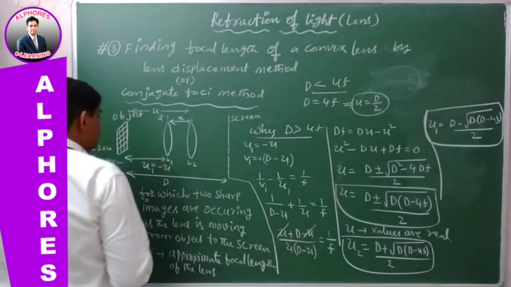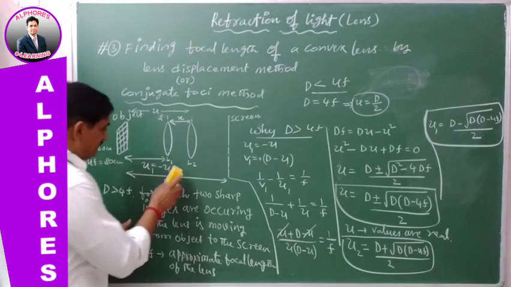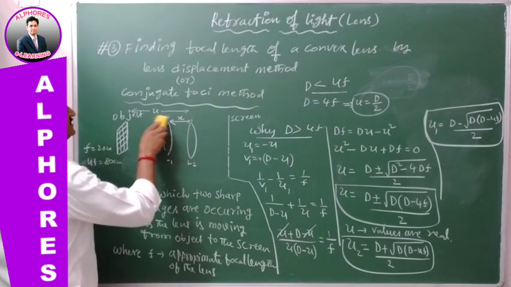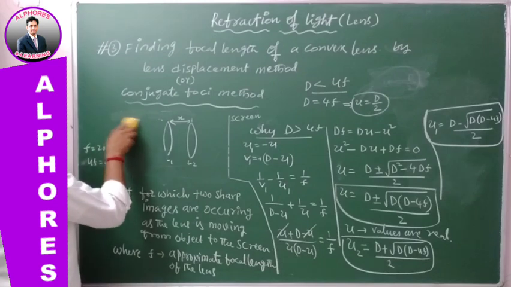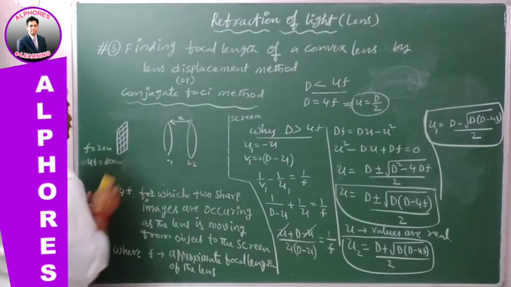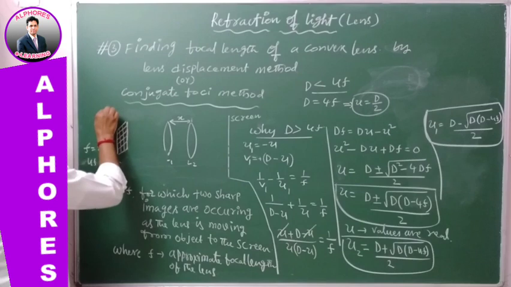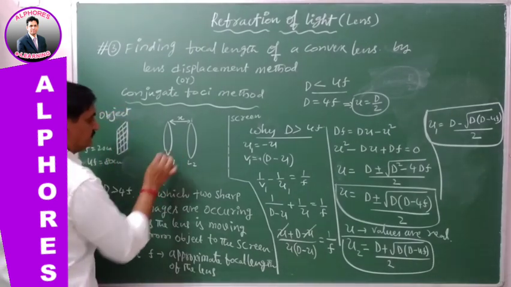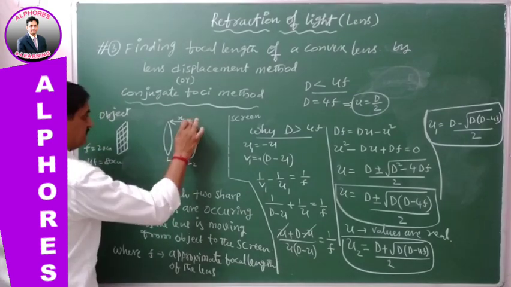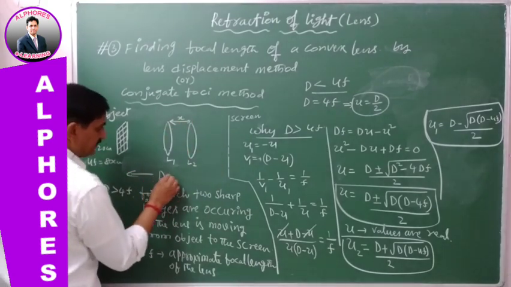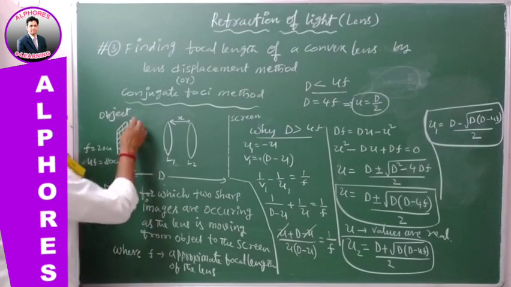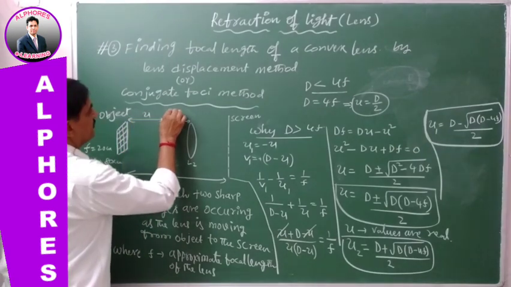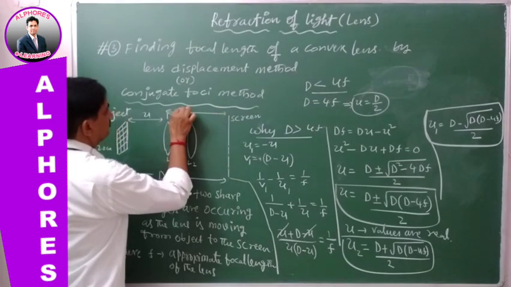Why are these two images occurring over here? I will explain this conjugate foci. See here, suppose we take this like this is the object, this is the initial position, right? This is the final position. See, this is total capital D. Now this is the object distance u, and the corresponding image distance is this one, v.